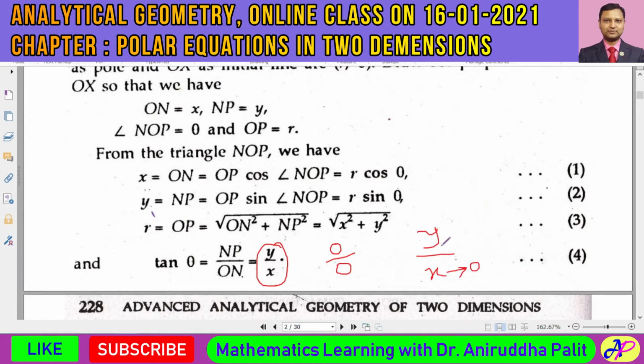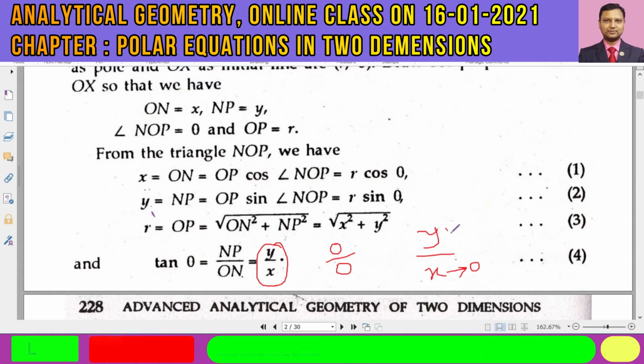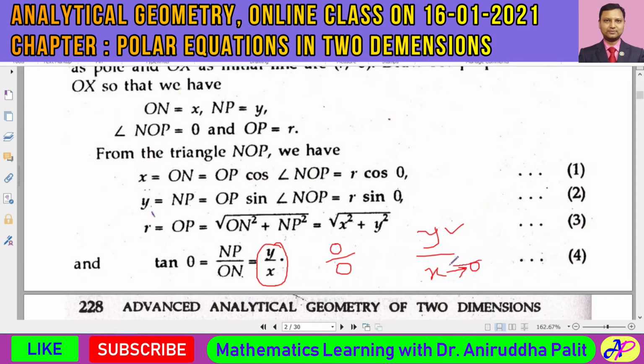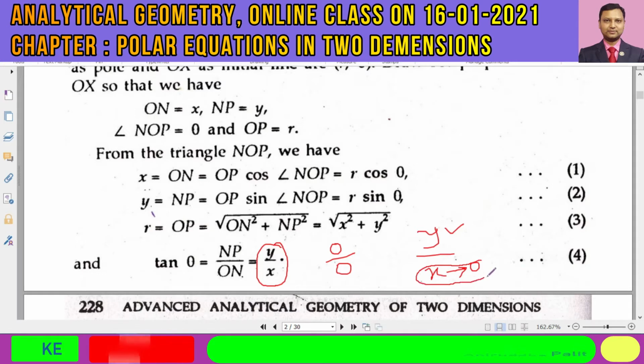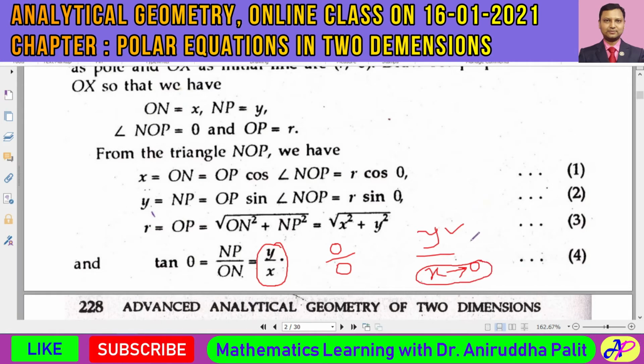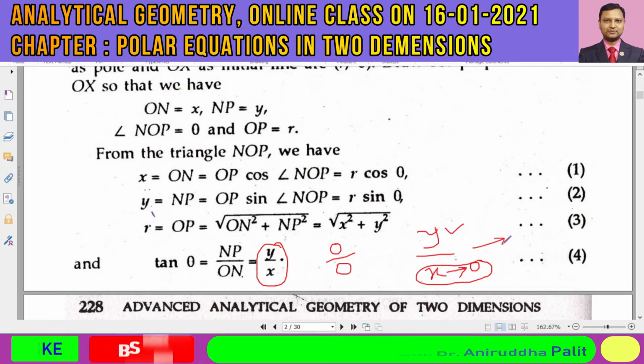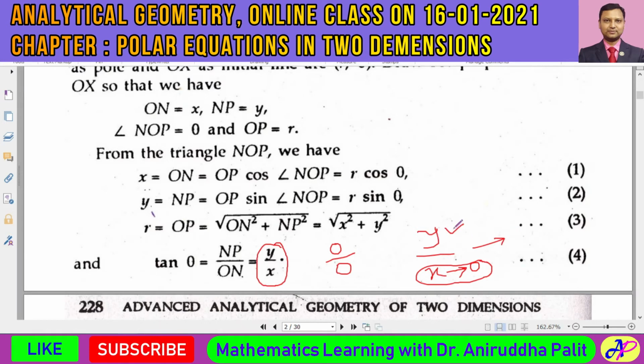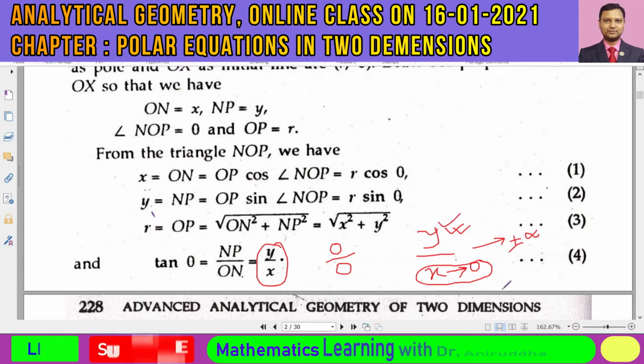So if the numerator is a finite number and the denominator is a very small number tending to 0, then of course this ratio would tend to plus or minus infinity according as the numerator value of y is positive or negative. So in this way, when only x is equal to 0, we can have an interpretation.